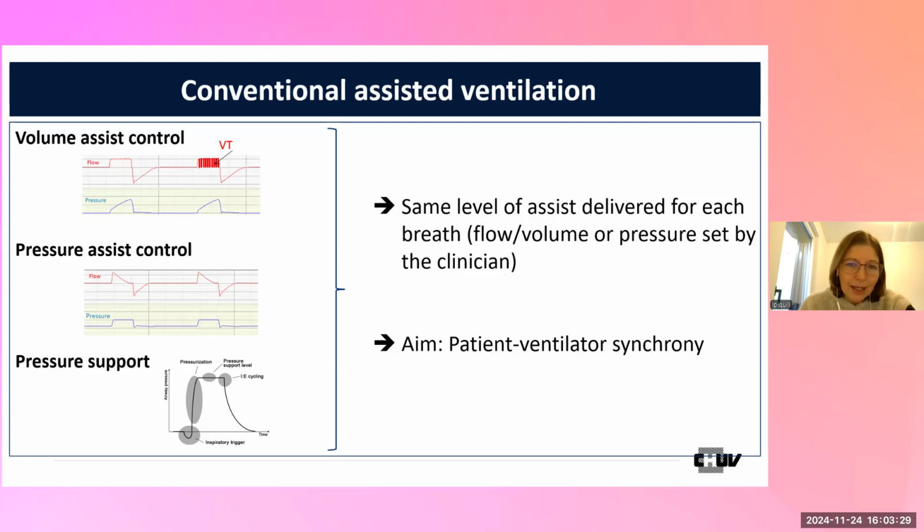And the second thing that is common to all those conventional modes is that we try to obtain the best possible synchrony between the patient and the ventilator. And the special modes we are going to discuss do not share all those typical criteria of conventional assisted ventilation.